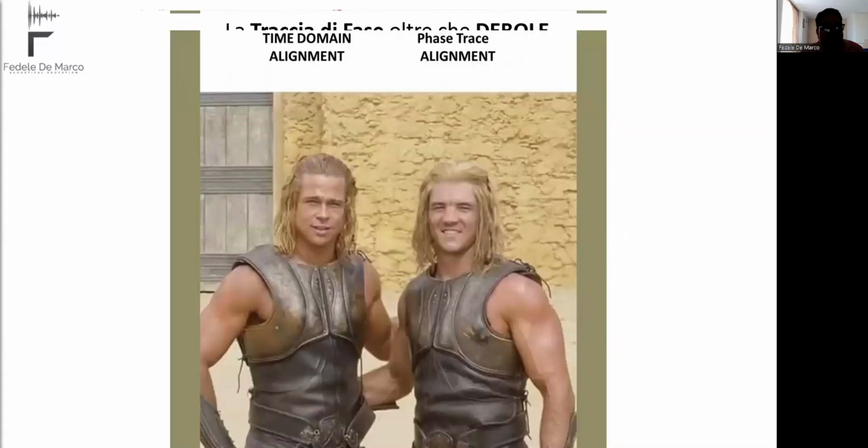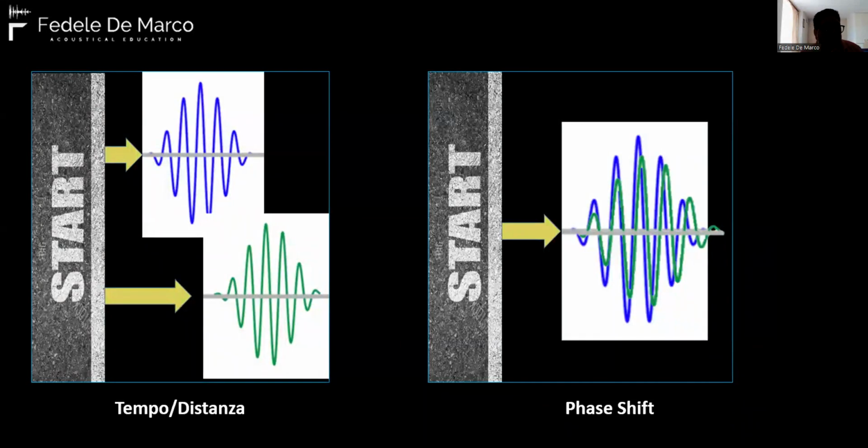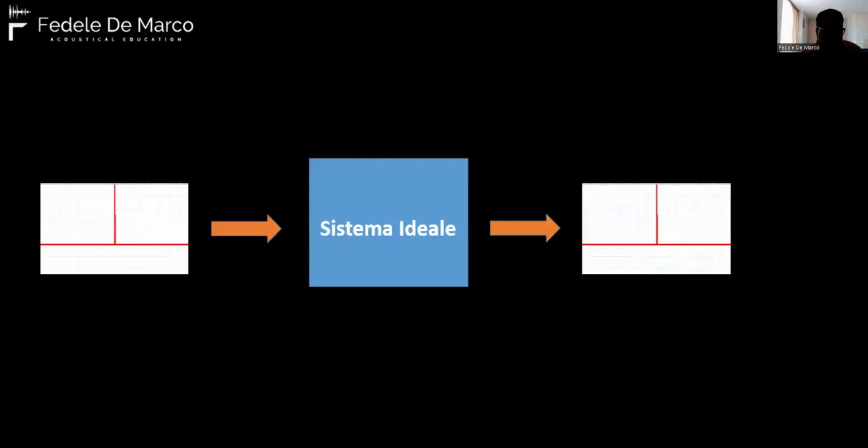So, time domain alignment. One of the biggest points of confusion when we're talking about time domain alignment is the difference between signal delay and phase shift. Passing through an ideal linear system, the signal does not undergo variations and filtering.